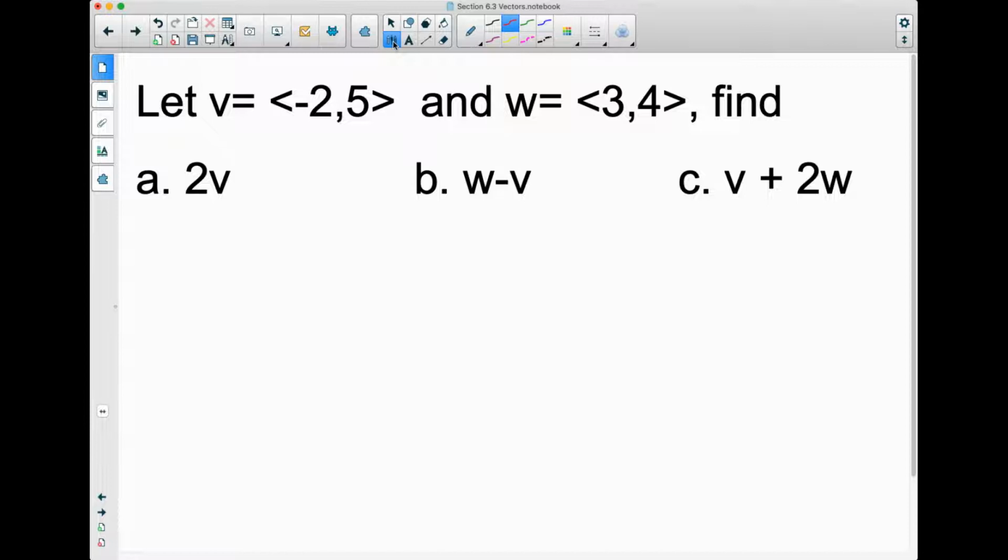All right. So, like I said, the generalization formulas and all the notations make it seem a lot harder than it actually is. On part A, if I'm doing 2 times vector v, it's literally just multiplying 2 to each piece.